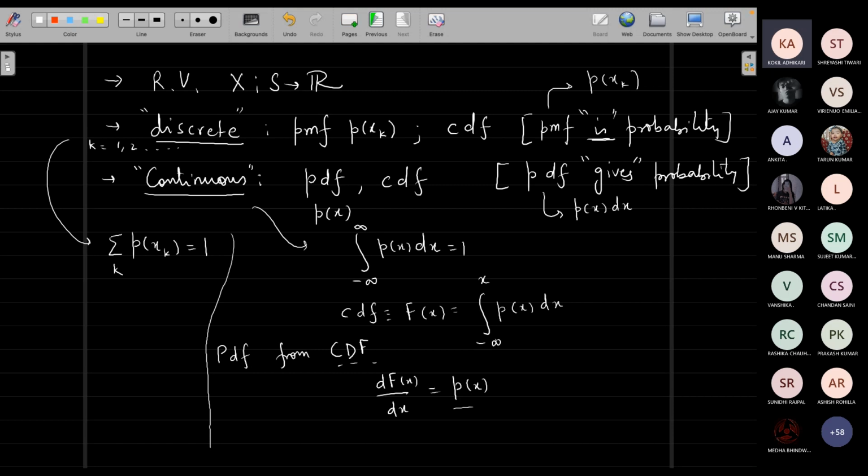But generally, we understood that our CDF is, for example, right continuous. So if you look at the difference of the values F(a+) and F(a-), where plus and minus correspond to the limit approached from the right side or from the left side, then this gives us the probability of a.